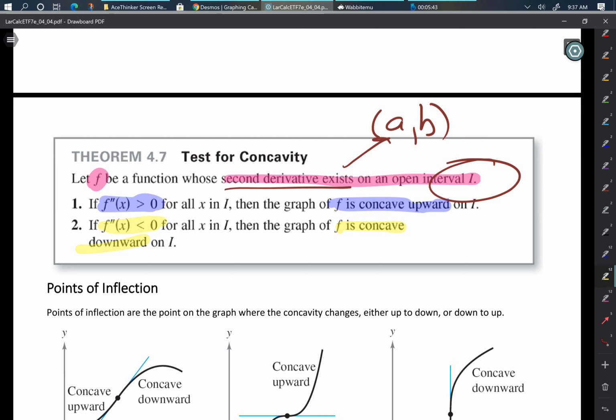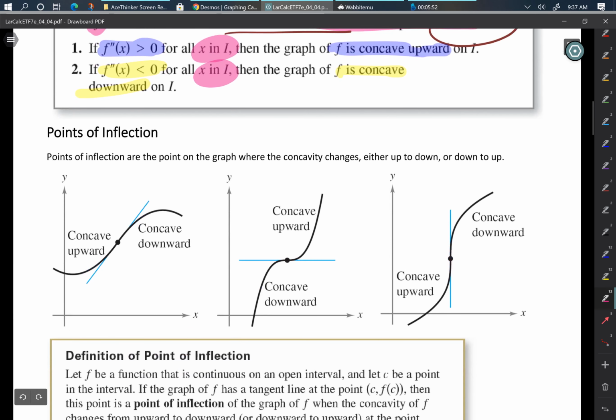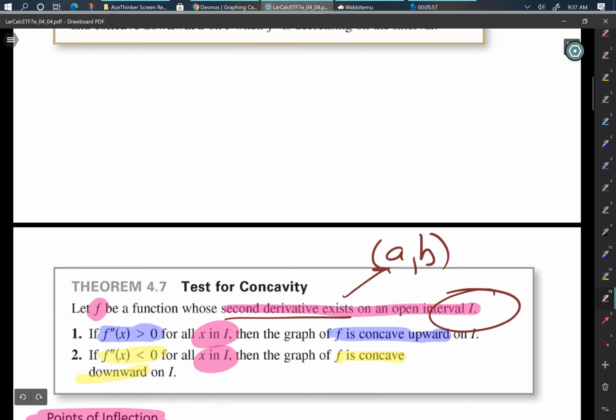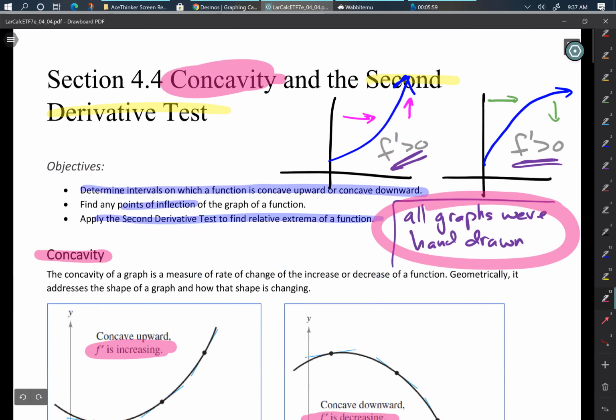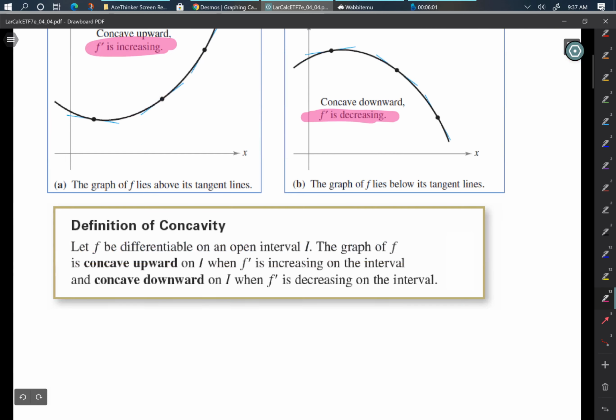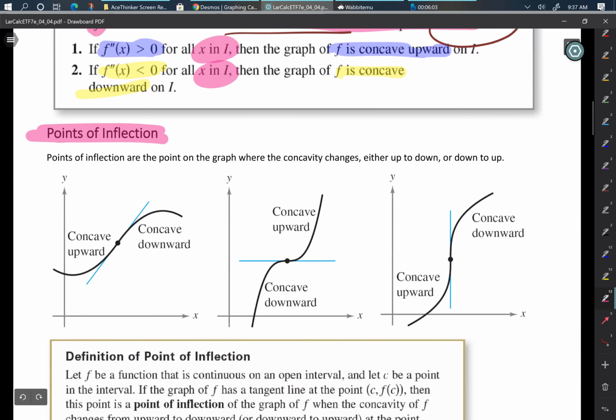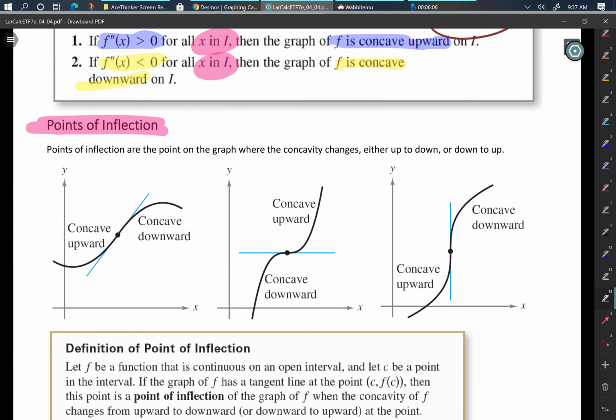Okay. All right, so before we can actually start working with finding these intervals where it's concave upward or where it's concave downward, we need to discuss one more term, and that is a point of inflection. If you have a graph like the one we talked about, where the concavity isn't consistent, where the concavity changes, then a point on a graph where the concavity changes, either from upwards to downwards or downwards to upwards, doesn't matter which change, is called a point of inflection.